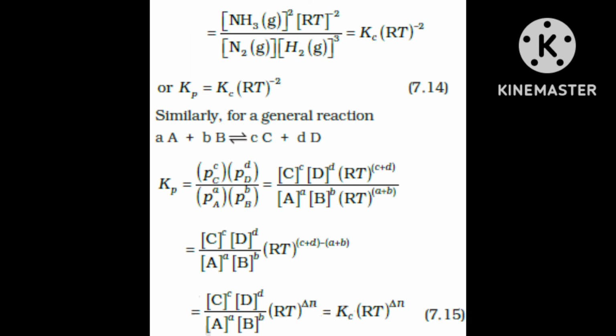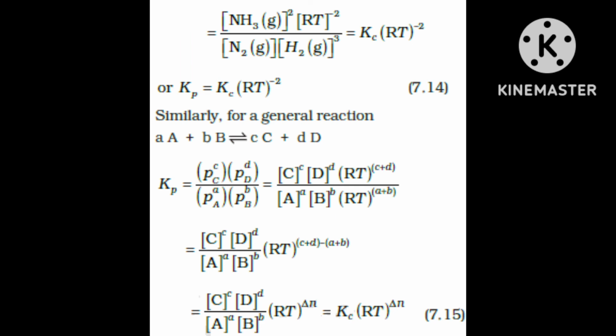Then the final relation is Kp is equal to Kc RT power delta n. This is the final relation.